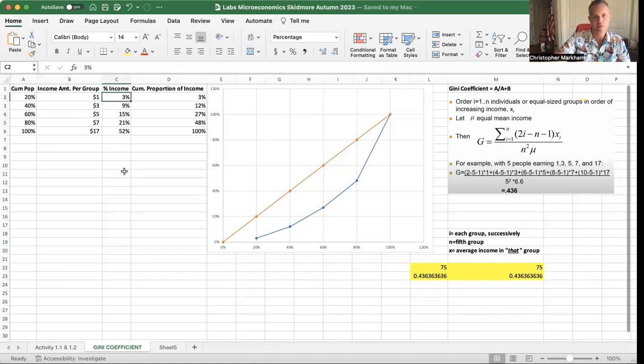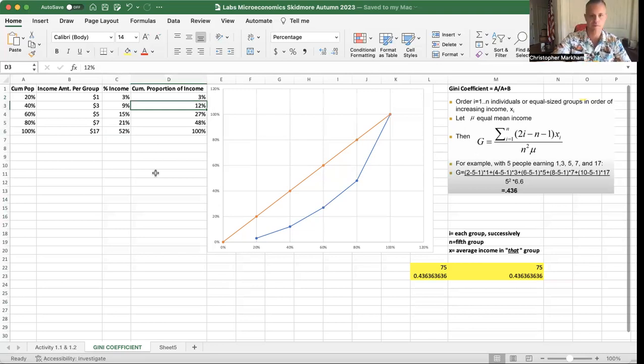This is how much percent of the income this group possesses. This is how much percent of the overall income this group possesses. This is how much percent they possess, so on and so forth. And then the cumulative proportion of income, cumulative as in what it totals to.